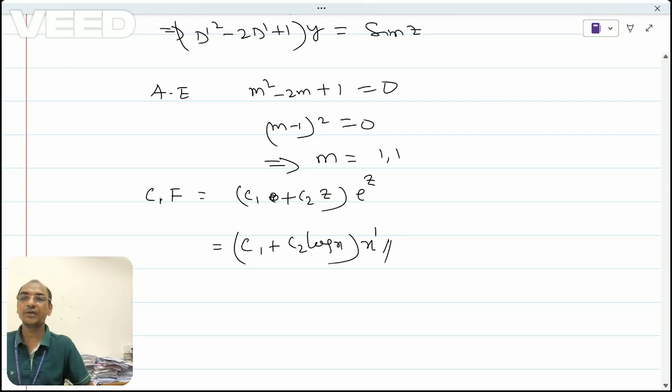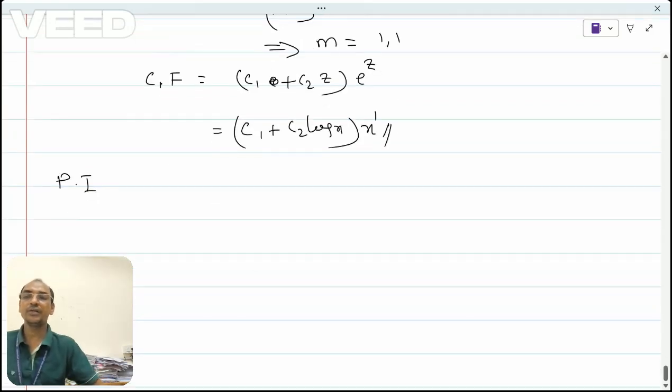Now let us find the PI. PI will be nothing but 1 by D dash square minus 2D dash plus 1 into sine z.